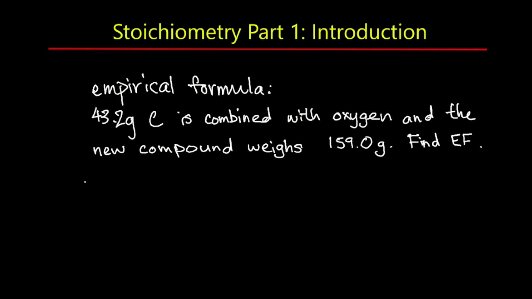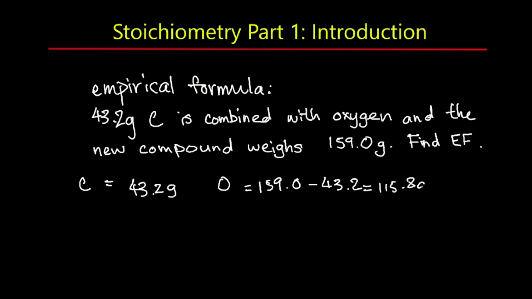So in this case, we have C, which is 43.2 grams, and we have O, oxygen, which would be 159.0 minus 43.2, because it is the only other element in this compound. And that leaves us with a mass of 115.8 grams of oxygen.